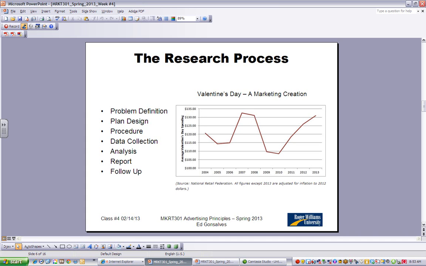One example of what research did for something is, you think about Valentine's Day. Which we just went through this past week on Thursday, it's really a marketing creation. It was a manufactured holiday, if you will, that is huge. It's a multi-billion-dollar holiday. And if you look at this data that looks over a period of about 10 years, at what the average Valentine's Day spend has been per person, that's a pretty big number.